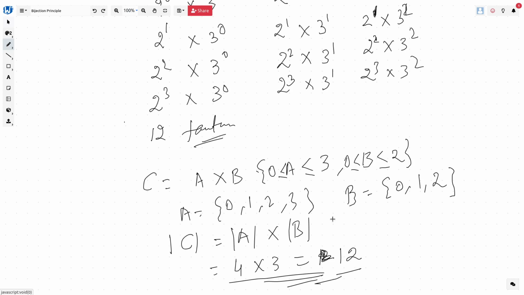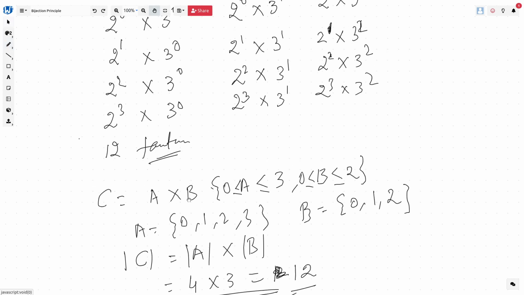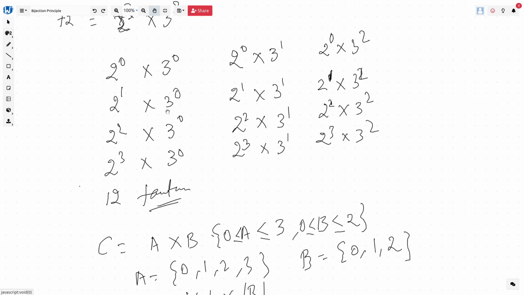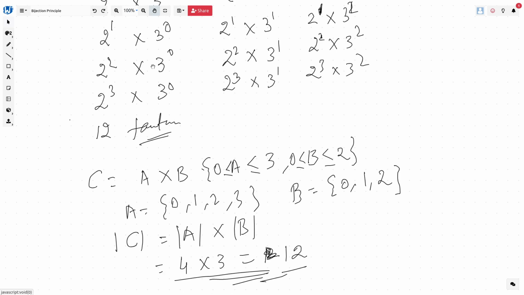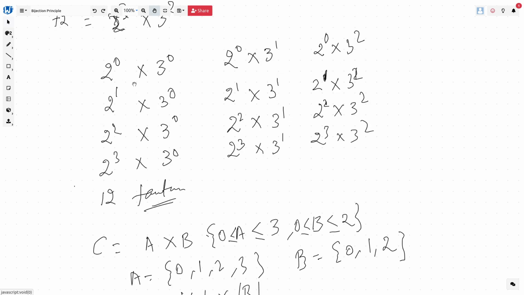Now how do I define this bijection as the Cartesian product? If you look closely, what we are trying to do is find these two numbers, let them be P and Q. We want P and Q doublets such that the first is from this set and the second is from this set.